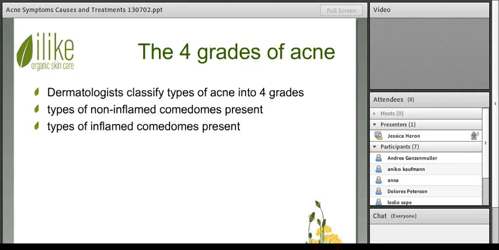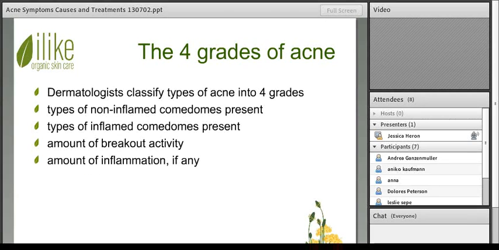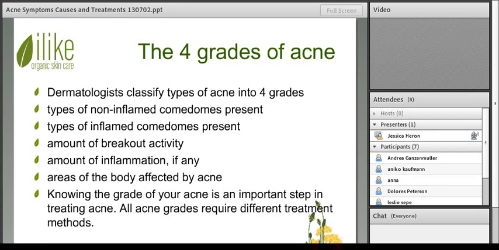Types of non-inflamed comedones that are present, types of inflamed comedones that are present, so both the non-inflammatory and the inflammatory lesions, the amount of breakout activity and how frequent, the amount of inflammation, if there is any at all, the areas of the body that are affected, face, neck, body, chest, wherever it may be, and then knowing the grade of your acne is the first and important step in treating acne, and all grades require different treatment methods.